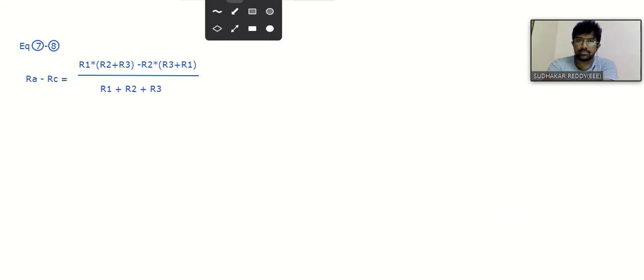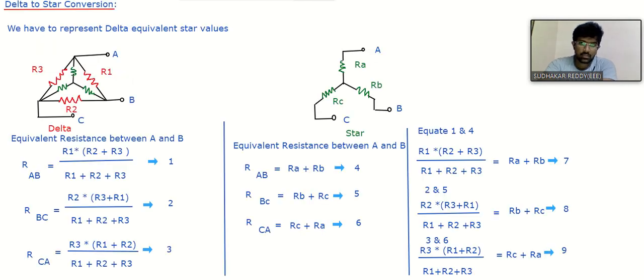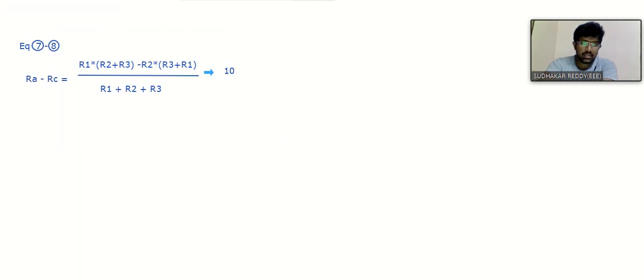If you got this expression RA minus RC, and you observe the previous expression, the ninth expression is RC plus RA, and the 10th one is RA minus RC.